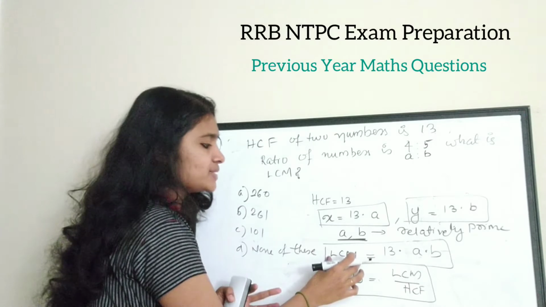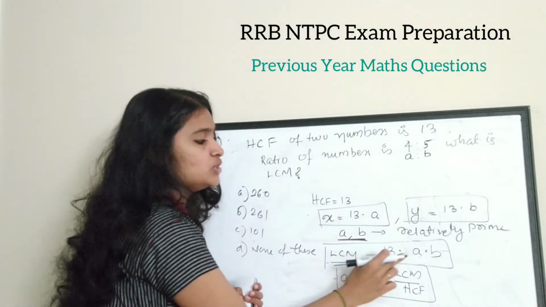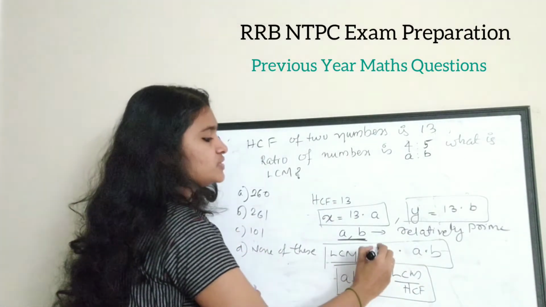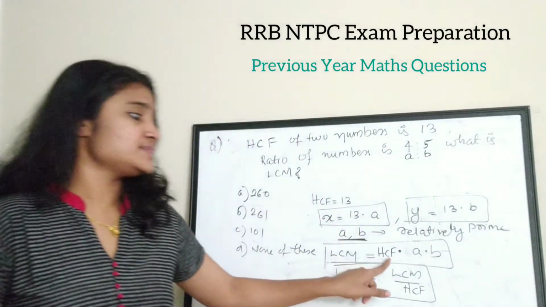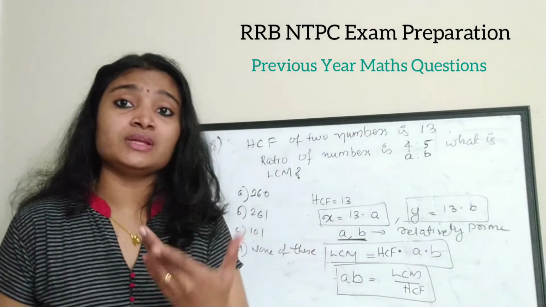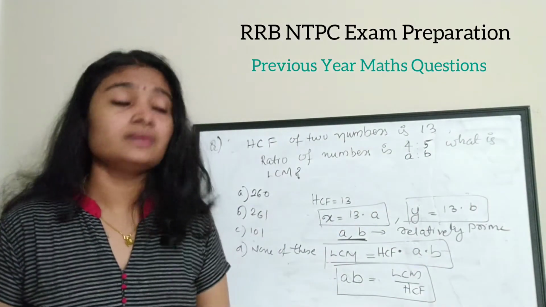Okay, so from this question, LCM is equal to 13 or the HCF into A into B, right? So I will write this as HCF itself in order to identify. So LCM equal to HCF into A into B, whereas A and B are relatively prime to each other. Here also 4 and 5 are relatively prime to each other.